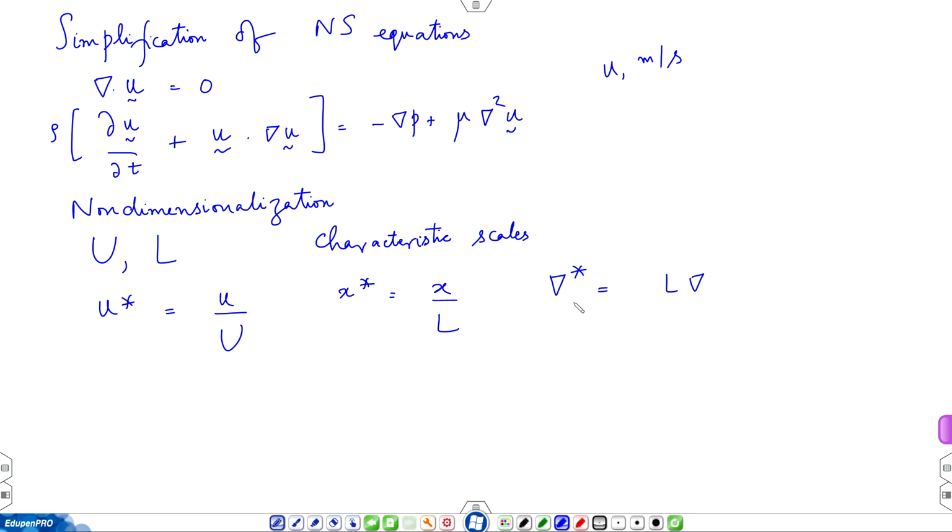Okay. You can define time T star is equal to U T over L. And you already have an idea about pressure. So, P star will be P over rho u square.